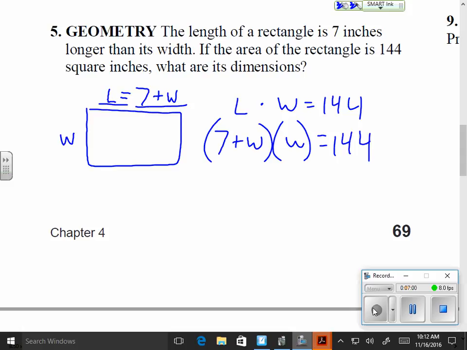So when I multiply those two together, I get that. Now if I can solve this for W, I can find the width, which will then let me find the length. So I'm going to set it up into standard form.